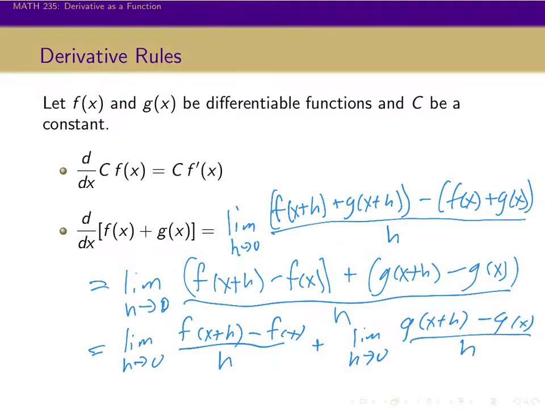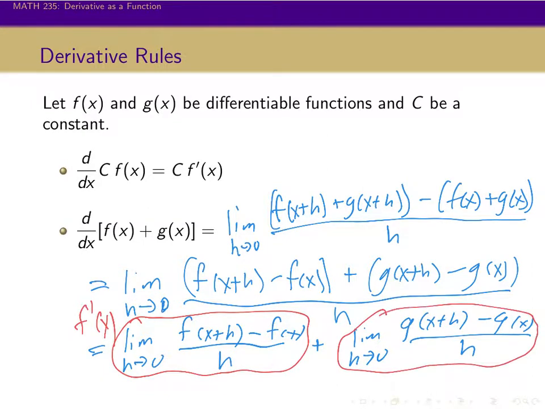And now this first limit here, this is the definition of f prime of x. This second limit here, that is the definition of g prime of x. And so we end up with f prime of x plus g prime of x.